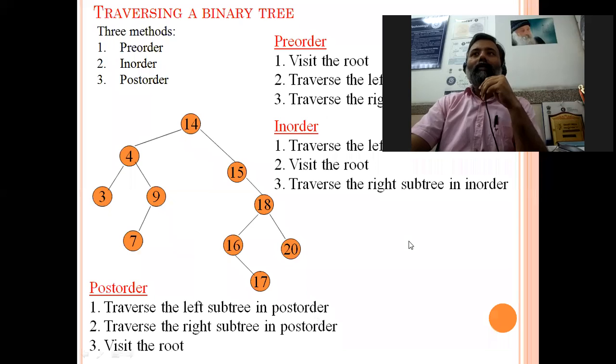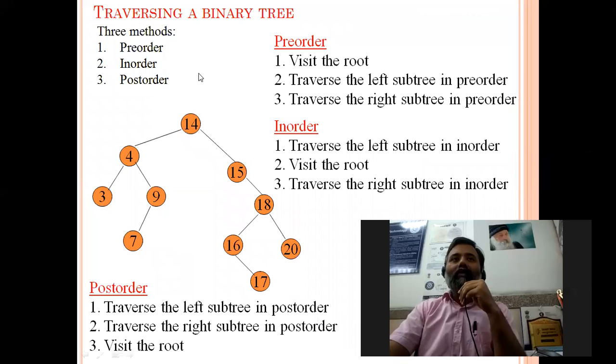Now, we have basically three types of traversing. There are three methods: pre-order, in-order, and post-order. Suppose this is the binary tree we have. So in pre-order, pre, in, or post is related to the root node.